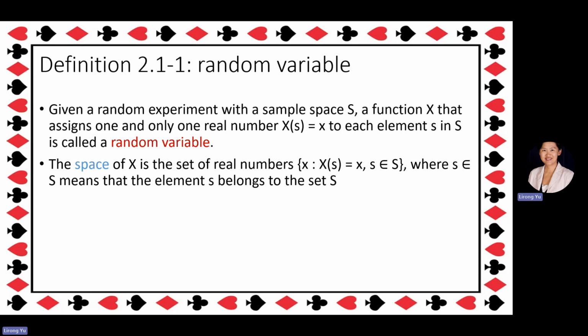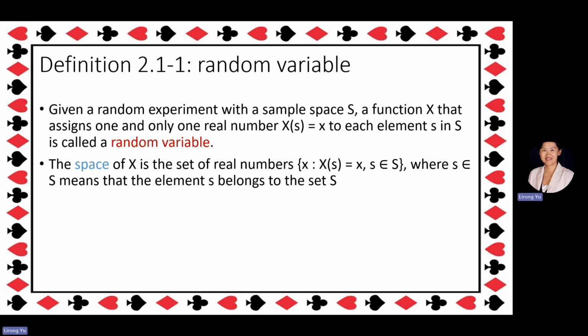For example, for the same experiment, you can record different things as your X value. You toss a die, the outcome is 1, 2, 3, 4, 5, 6. But the X value doesn't necessarily have to be the outcome number. It could also be x equal to 1 if the outcome is odd, x equal to 0 if the outcome is even. So the x value ends up recording the odd or even behavior.